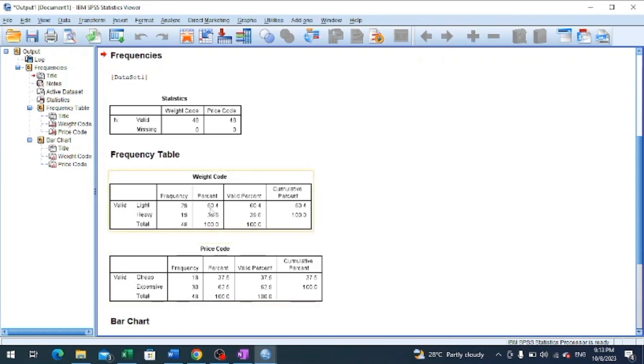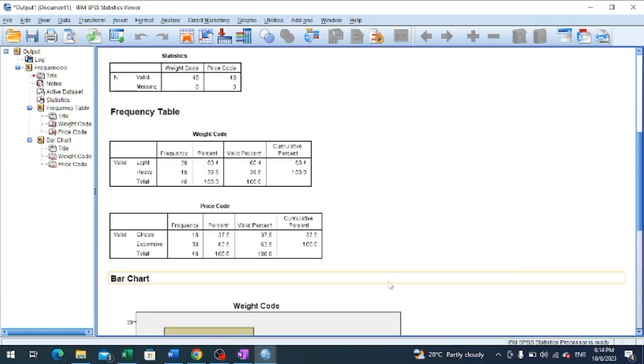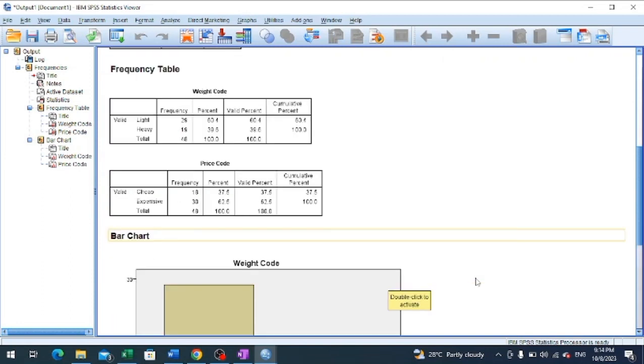lightweight diamonds are aligned with expensive, whereas heavyweight diamonds are closely aligned with cheap. So this is a kind of reverse approach completely, or a contradiction we can say.